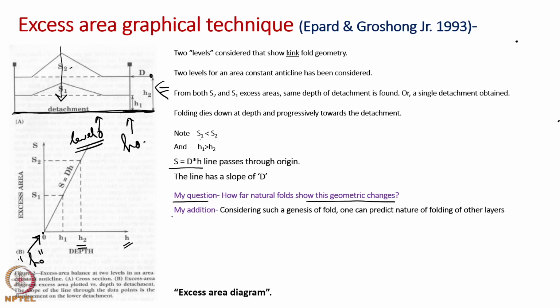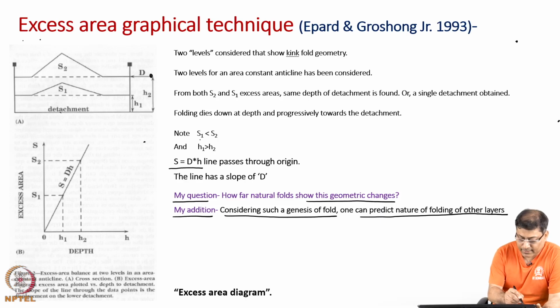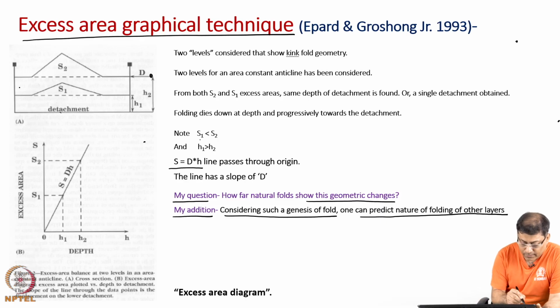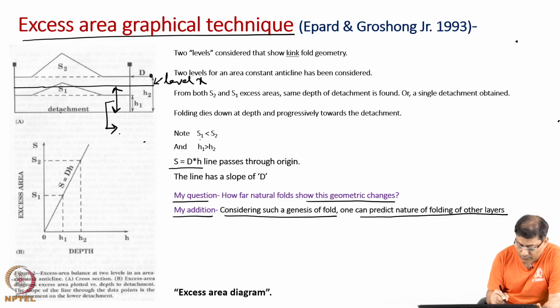I am going to demonstrate this, which is my addition. Considering such a genesis of fold, one can predict the nature of folding of other layers. What do I mean? Considering the excess area graphical technique, suppose I start with this level, let us call it level x, then this depth is equal to hx, and after compression the triangular geometry formed would be like this.